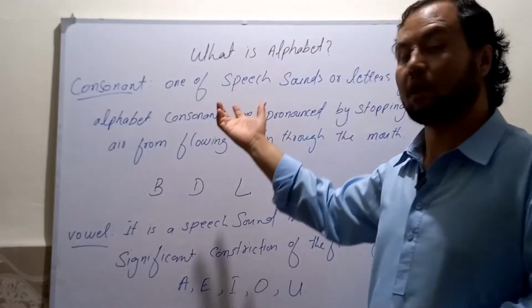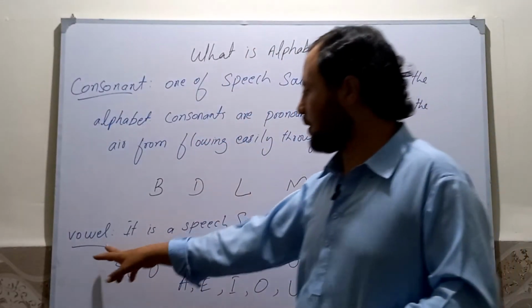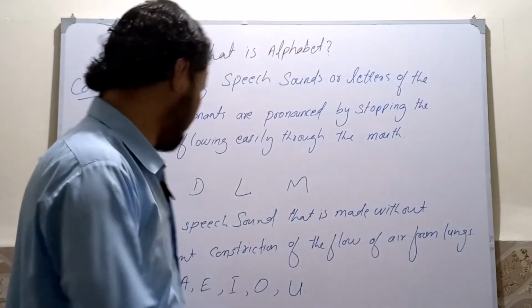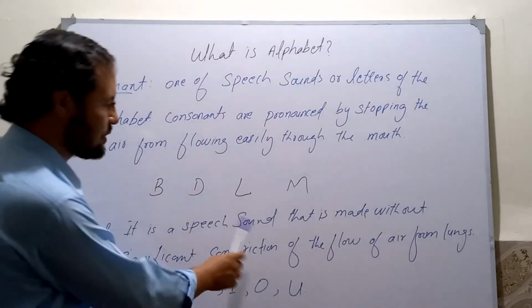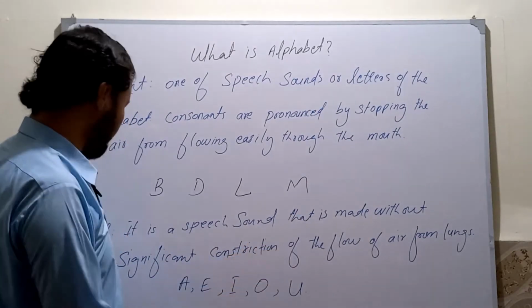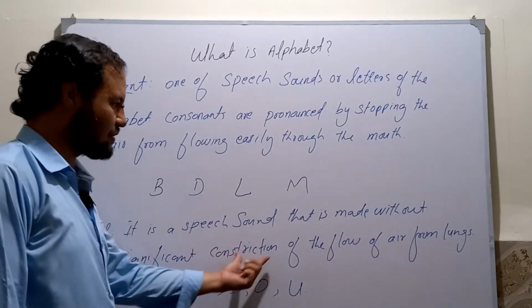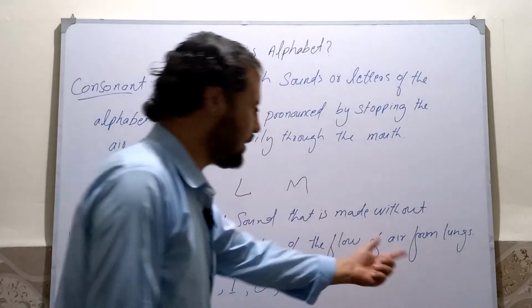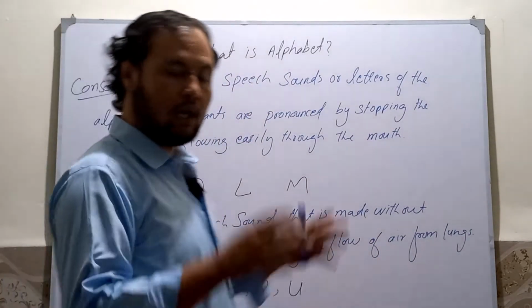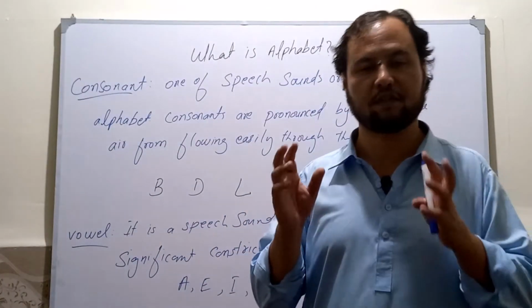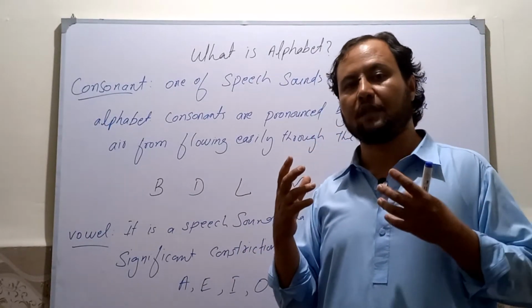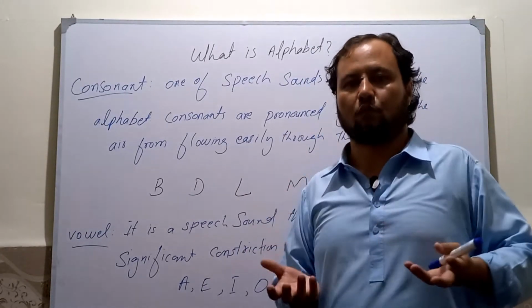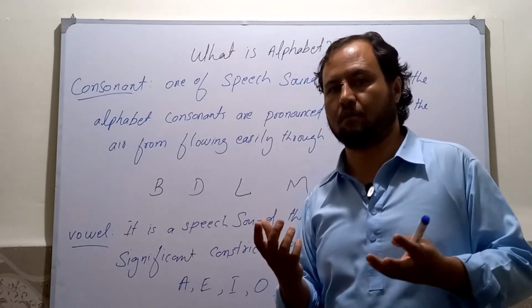That is called consonant. Now we'll move to the vowel. What are vowels? A vowel is a speech sound that is made without significant constriction of the flow of air from the lungs. When you pronounce the vowels, the air will come directly from our lungs. There won't be any stop.